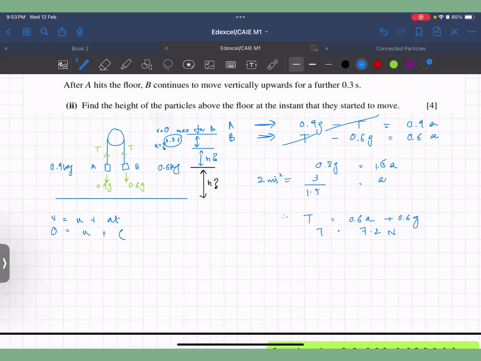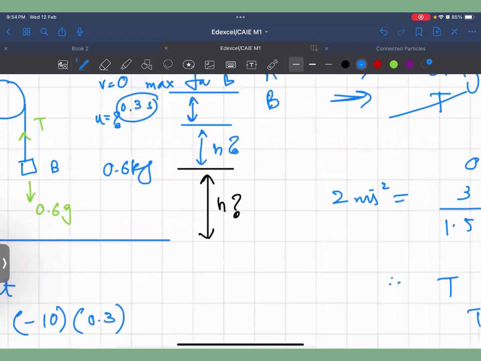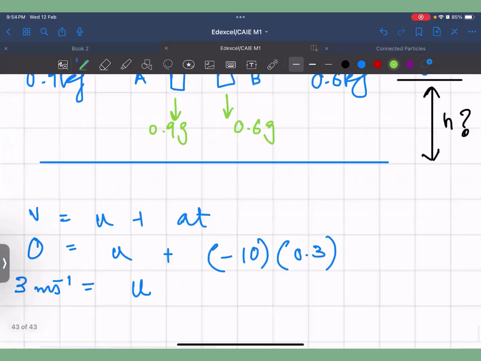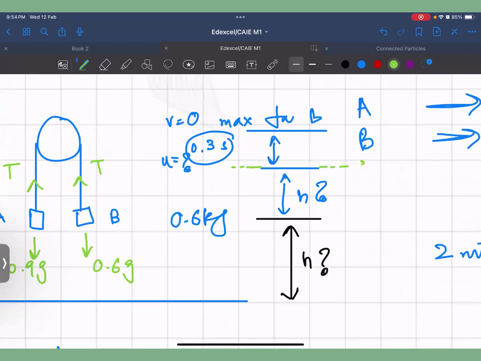Plus acceleration due to gravity was minus 10, and time is 0.3. So when we do this, we find the initial velocity, which is how much? 3. Sorry, how much was it? 3 meter per second.